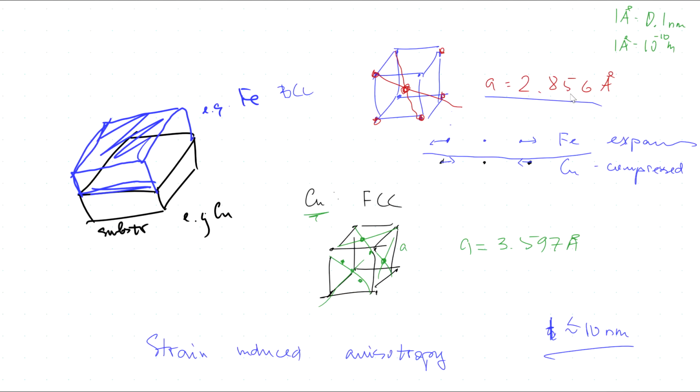And this is called lattice mismatch. If you take another magnetic material, let's say nickel, for nickel A is equal to 3.499 angstroms. That is pretty close to copper, for example, much closer than for iron.